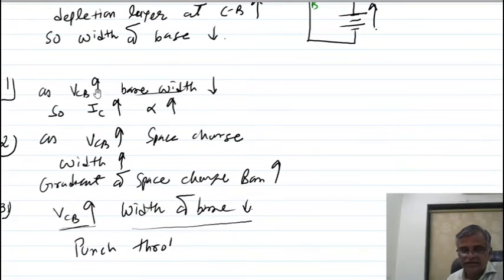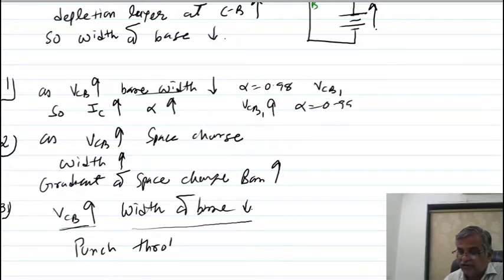First consequence: as VCB increases, base width decreases, so IC increases, alpha increases. For your information, suppose alpha is 0.98 at some value VCB1. As VCB1 increases, alpha becomes 0.985. So alpha increases.